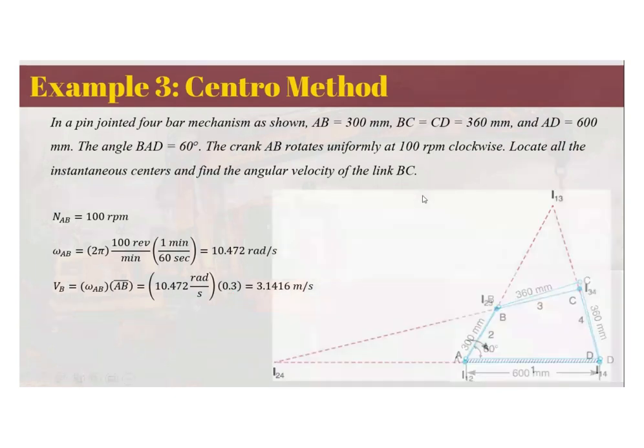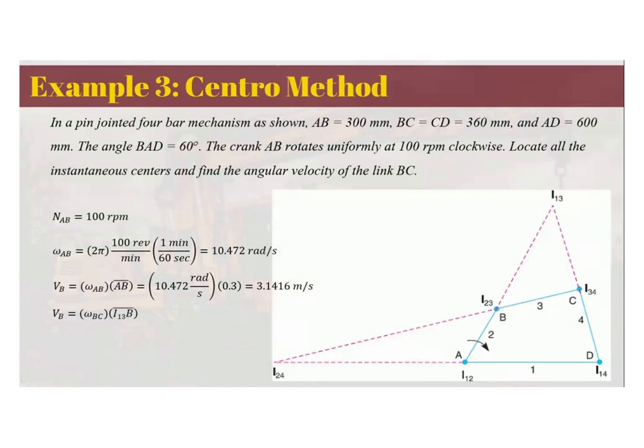Having that, we can now solve for the instantaneous center. Using topic number 4, the instantaneous centers are located as I13, I23, I24. The useful instantaneous center here is actually I13 because this is connected to the link that is unknown, and the rotation as well of link number 2.